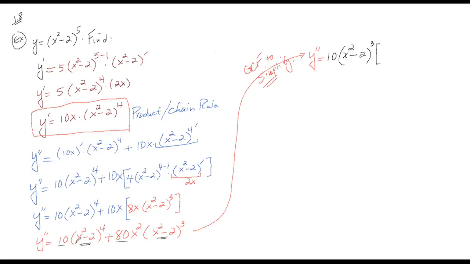If I factor it from the first term, I have x squared minus 2 to the first power left, because if you divide by this one, the powers subtract, you get a 1. And if you divide this by GCF, you just have an 8x left.